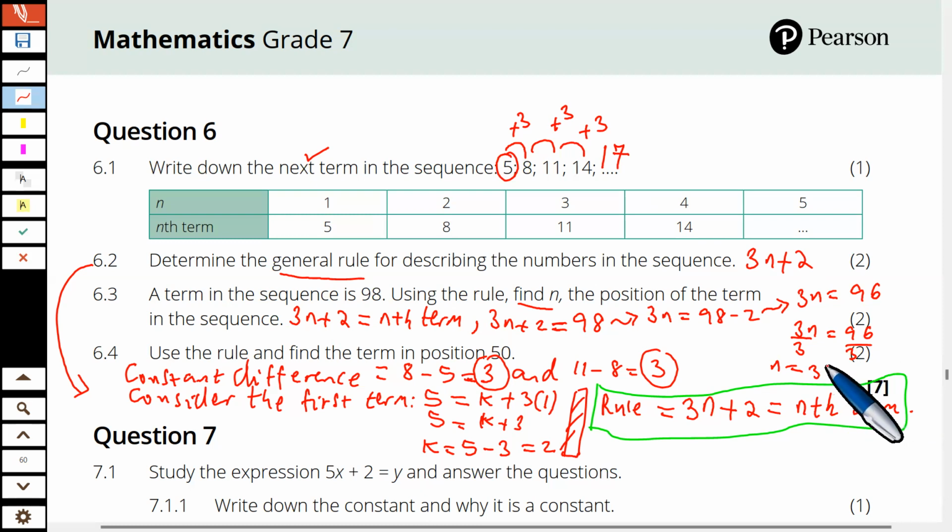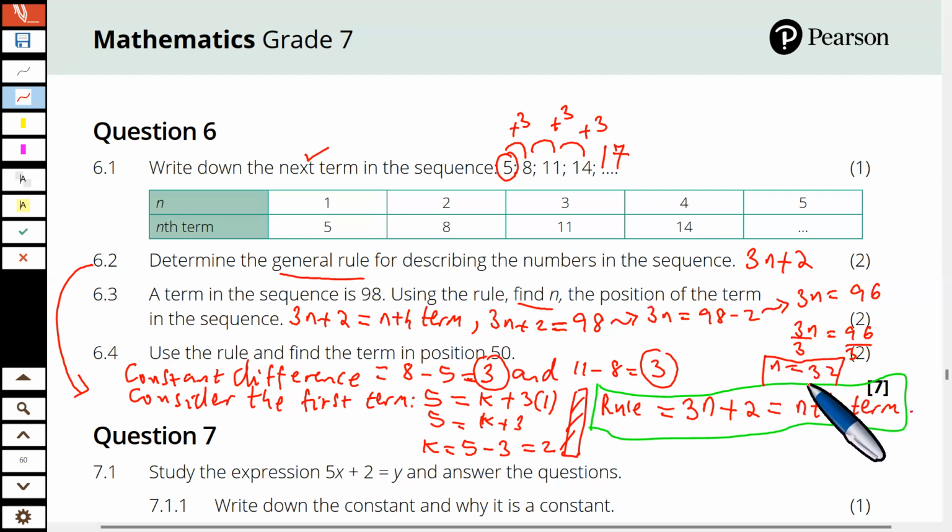You divide 6 by 3, you get 2. Now we continue. And therefore, the answer to this question, because they said find the position of the term in the sequence, is that the position is 32.